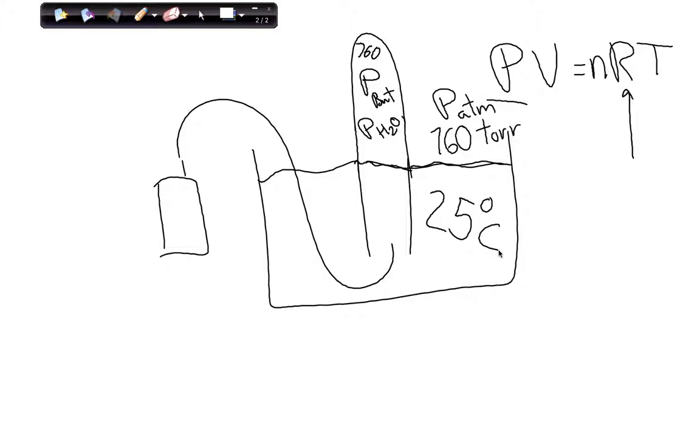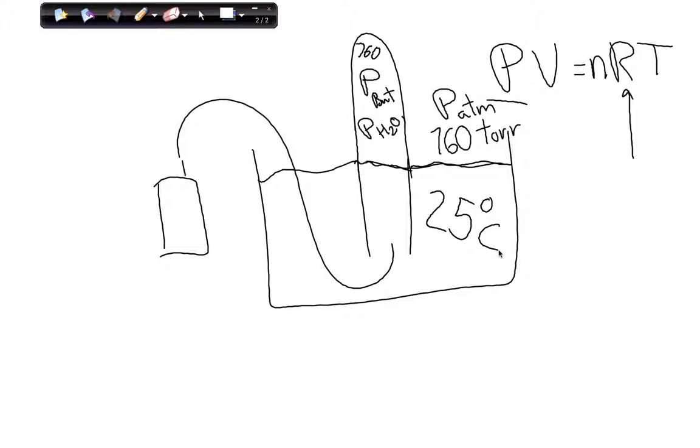Because that tells us the pressure of the vapor over the water. So guys, find 25 degrees Celsius, and you find out that at 25 degrees Celsius, the vapor pressure of the water vapor above the liquid water is 23.76 torr.